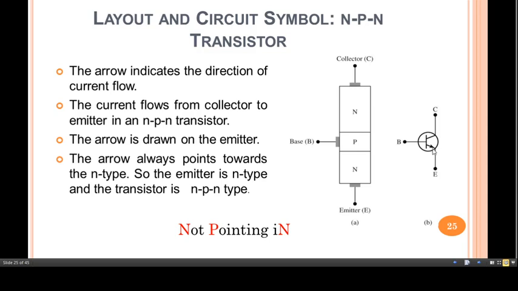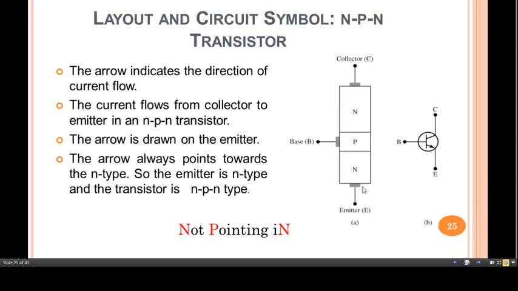The arrow indicates the direction of current flow in this BJT. The current flows from collector to emitter in case of NPN transistor. The arrow is drawn on the emitter terminal, and the arrow always points towards the N type of material. So the emitter is N type and the transistor is NPN.